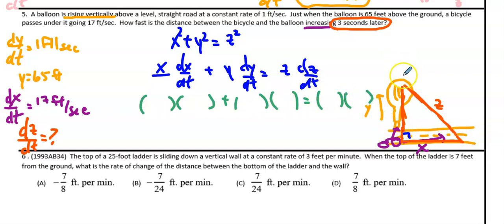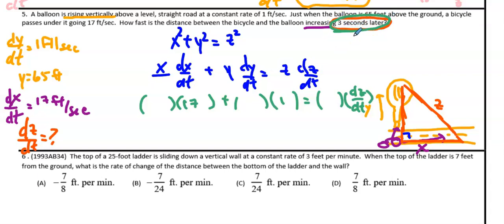The bike's moving this way, the balloon's moving this way, their distance is getting bigger. And so I'm trying to find what dz/dt is, so I'm going to put that there. I know the change in y: dy/dt is equal to 1. I know the change in x: dx/dt is equal to 17. Now, remember, ladies and gentlemen, that 65 does not go here because we're looking at this.